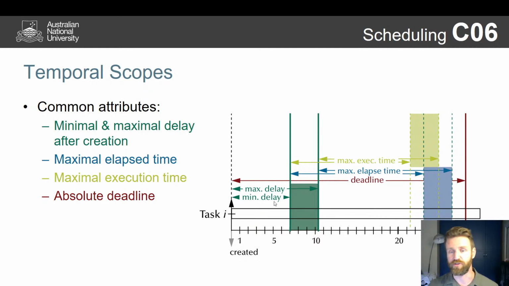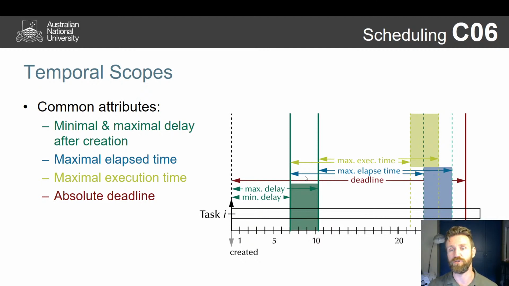And so we might be interested in either the minimum or the maximum. Perhaps minimum if we're requiring that the task doesn't start before a certain time, but maximum is probably more important, as we need the system to be responsive in real time.